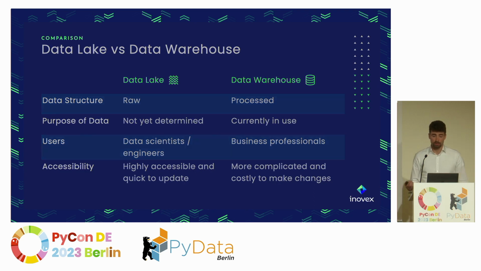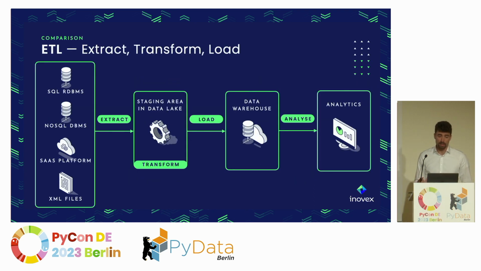So now, how to get data into a data warehouse? This is where you normally would do the ETL, so the extract, transform, and load. On the left-hand side, we see all kinds of data sources. You extract the data into maybe some data lake, into a staging area where you would do all kinds of transformations, joining the data, filtering, doing data cleansing, maybe even applying some machine learning models to enrich the data.